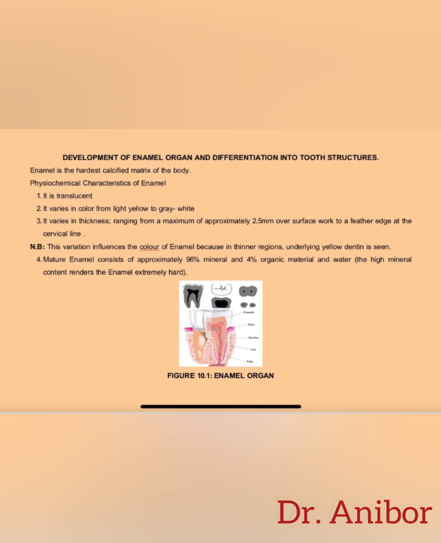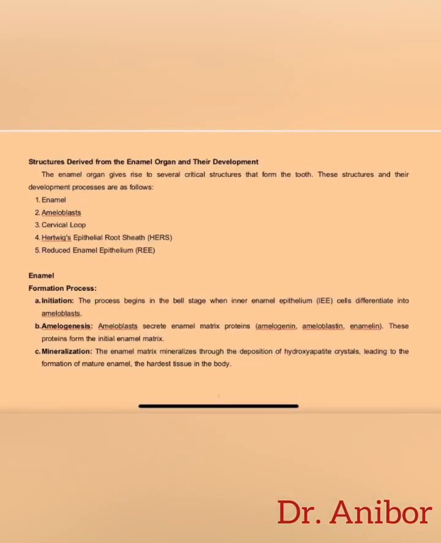Now, what are the structures derived from the enamel organ and how does their development go? The enamel organ gives rise to several important structures, and these structures form the tooth. These structures and their developmental processes are important.